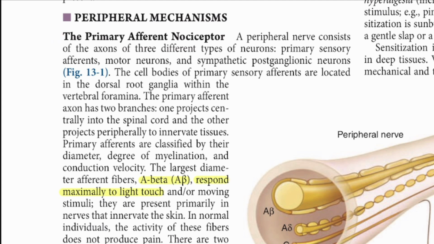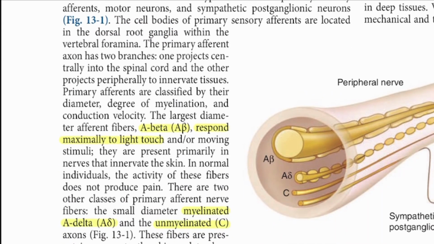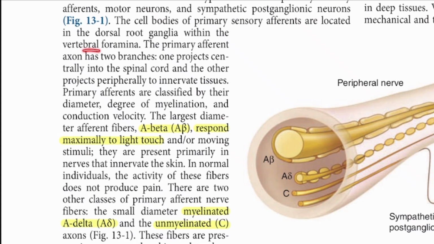Primary afferent nociceptors: a peripheral nerve consists of the axons of three different types of neurons: primary sensory afferents, motor neurons, and sympathetic postganglionic neurons. The cell bodies of primary sensory afferents are located in the dorsal root ganglia. We are very well versed with this concept, within the vertebral foramina.